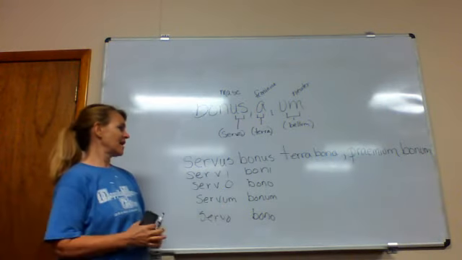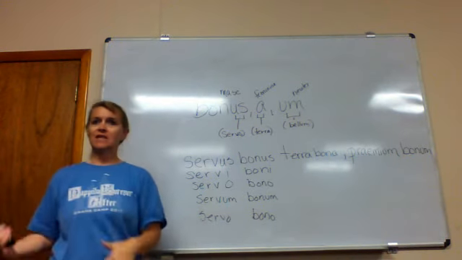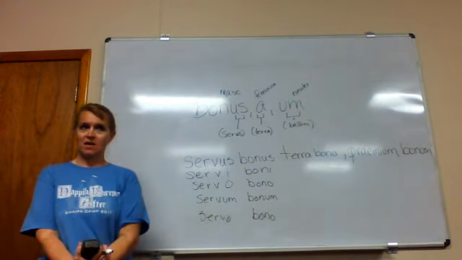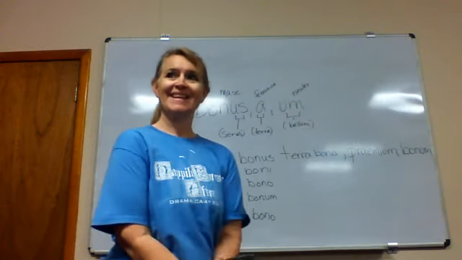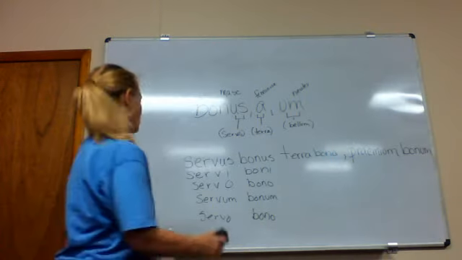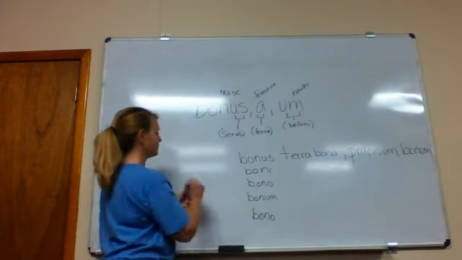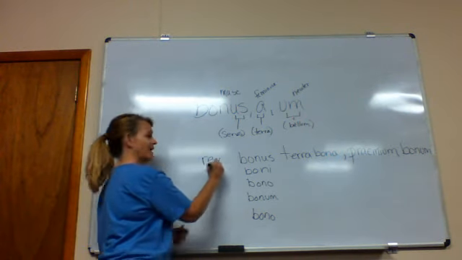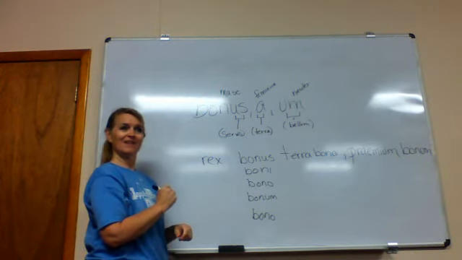What if instead of the good slave, I wanted to say the good king? Who knows the word for king? Rex, right? So we're going to change this to rex. Now, what declension is rex? Third, and so what's our genitive singular?